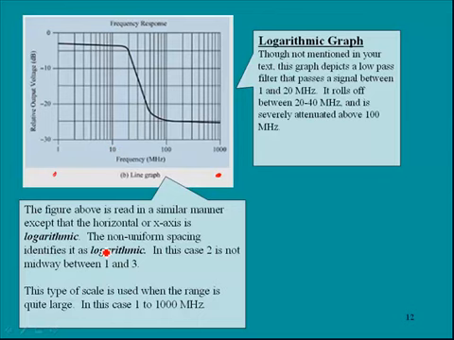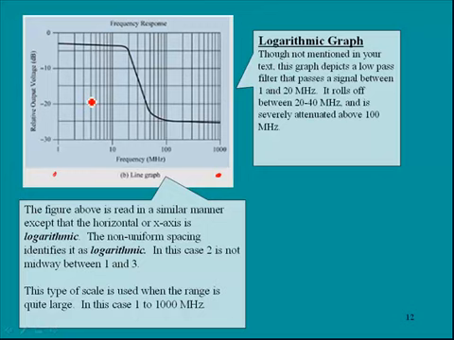Then starting at 10, we make jumps of not 1, but of 10. So it goes 20, 30, 40, 50, 60, 70, 80, 90, and then 100. And then from here, it makes jumps of 100, 200, 300, etc. So this is an example of what we refer to as a logarithmic graph.